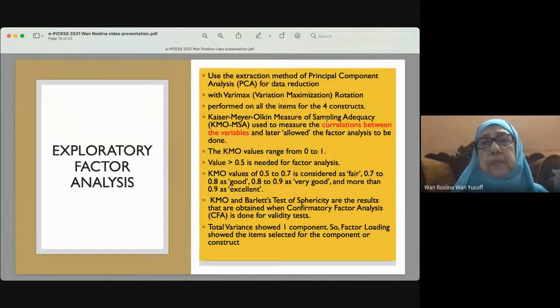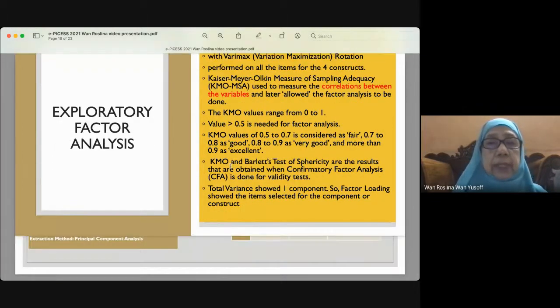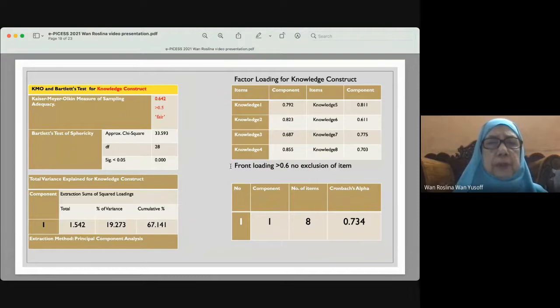In order to do that, principal component analysis for data reduction was used, and it was performed on all the items for the 4 constructs. Then the KMO tells us the correlations between the variables, and we need it to be greater than 0.5. As an example, for the knowledge construct, for which I did the same thing for the other 3 constructs, the KMO shows 0.64, which is quite fair.